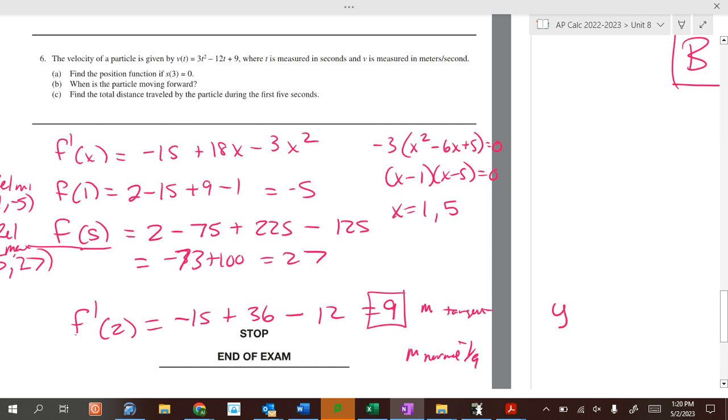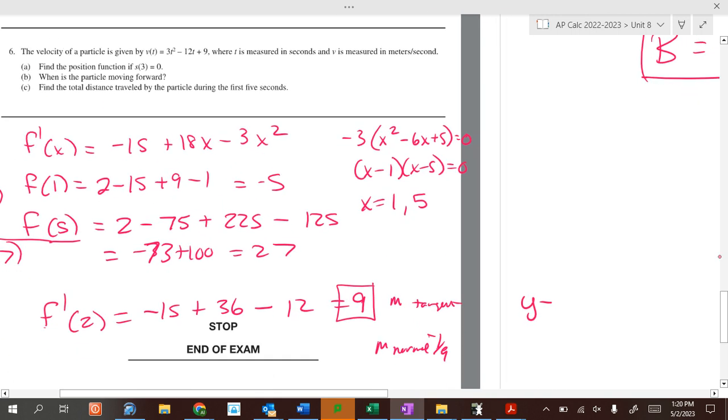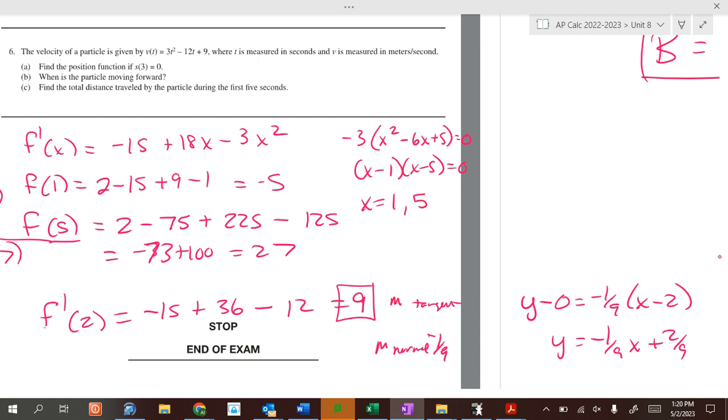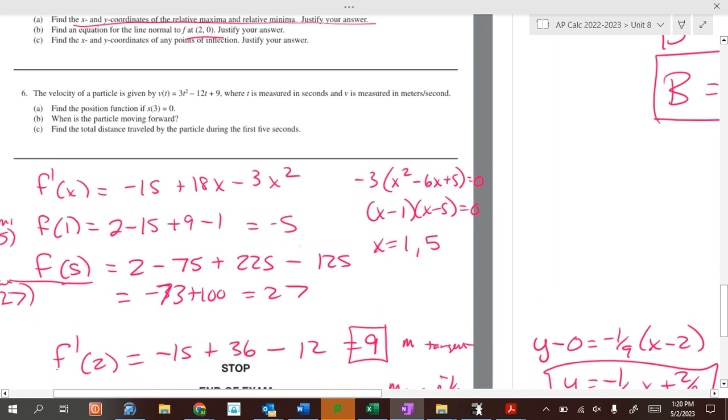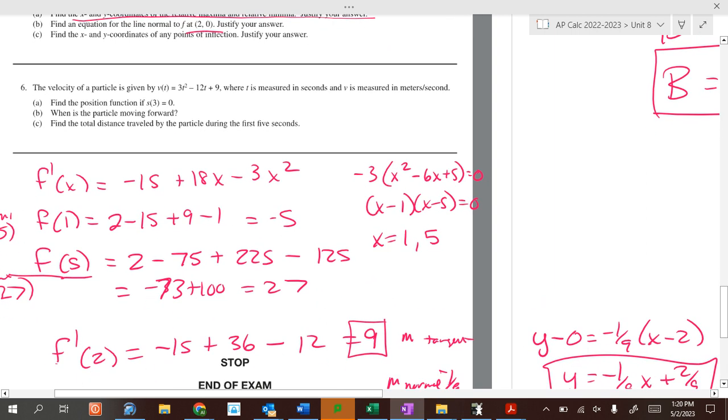So then y minus the y value of that point, which is 0, equals negative 1/9 times x minus the x value of 2. So y equals negative 1/9 x plus 2/9. That's the equation of the line normal to 2, 0. Okay.